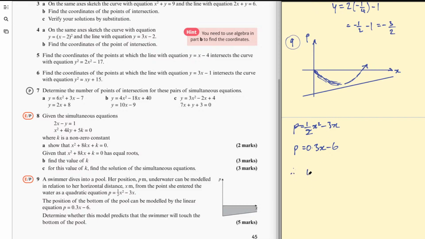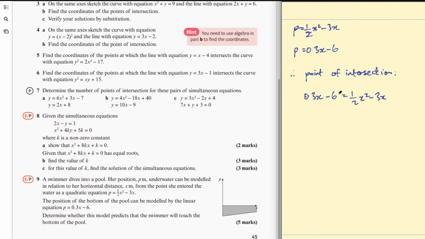So actually I should say the point of intersection, if there is one, will be where 0.3x take 6 equals a half x squared take 3x.